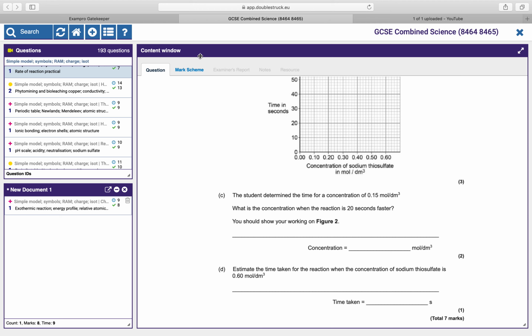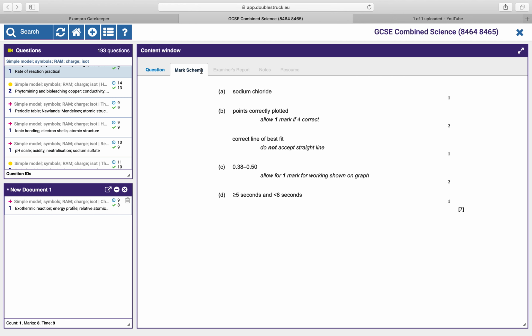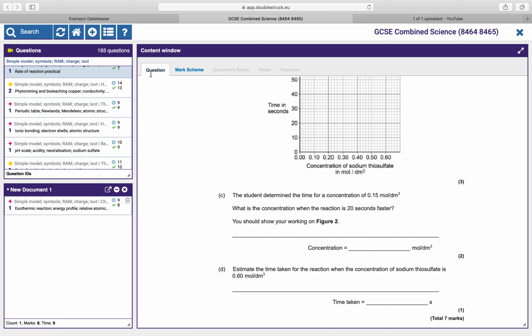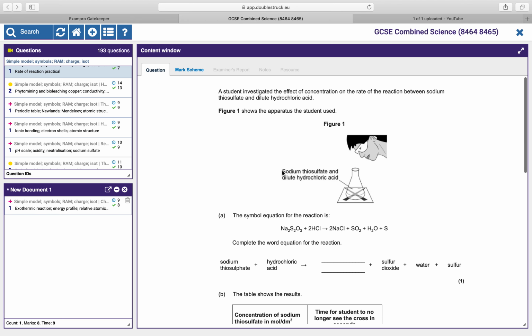So let's check that. Yeah, so more or equal to 5 seconds, but at the same time less than 8 seconds. So basically it's 5, 6 or 7. So that is a fair question. Those are easy marks. So, graph question on sodium thiosulfate, required practical.